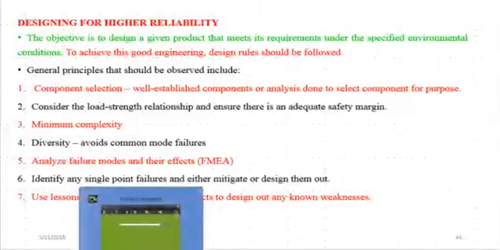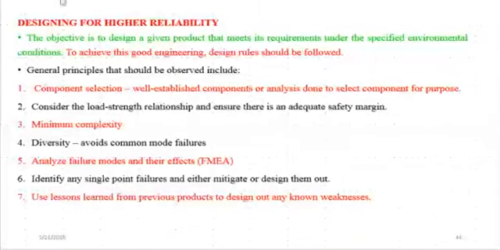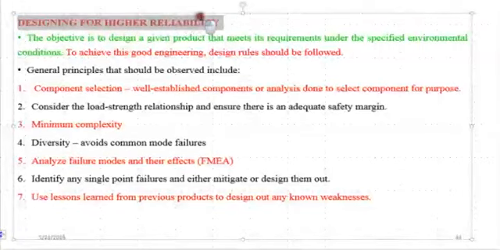Now, the next item after seeing the test characteristic is designing for higher reliability. The main objective, what we want to achieve by designing products, is to meet the requirements under specified environmental conditions and to make sure that it doesn't have much failure rates.